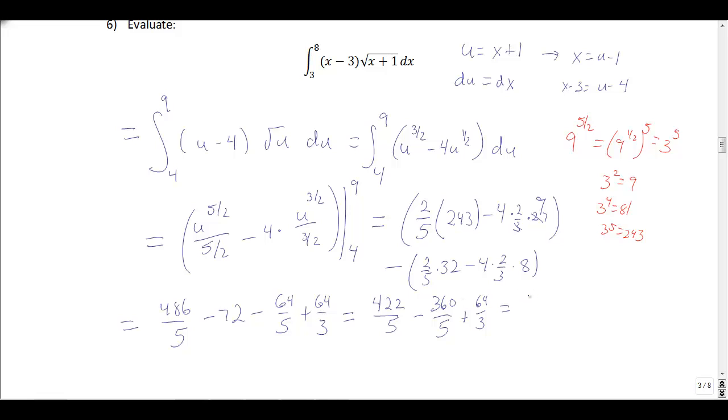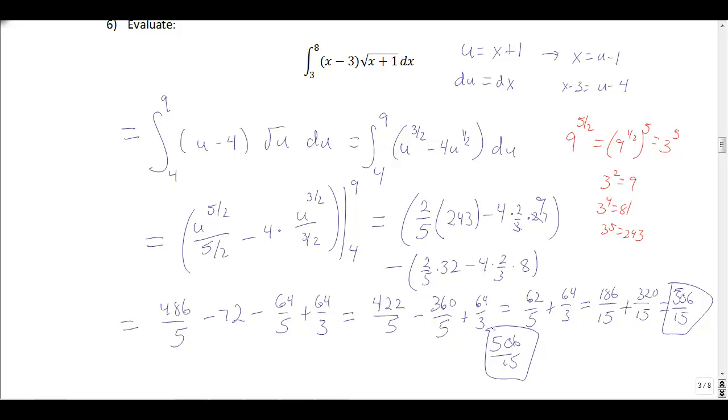I do my subtraction and I get 62 fifths plus 64 thirds. And now I do a common denominator of 15. To multiply by 3 on the first is 186. By 5 on the second is 320 over 15. So I end up with 506 over 15. There should be my answer.